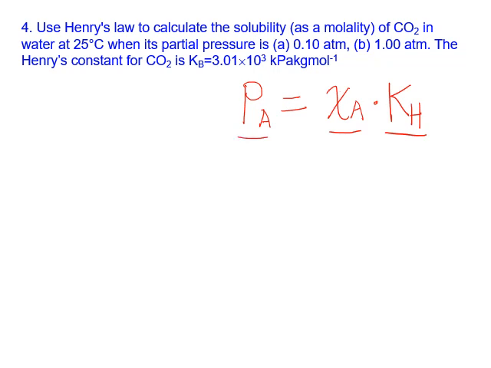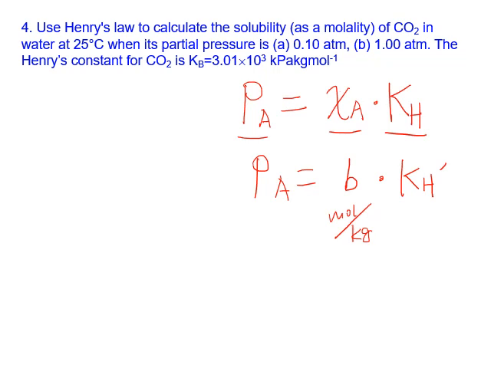Now there's another version of Henry's law, that is PA equals, instead of mole fraction, we can use molality. Both are concentrations, but molality is moles per kilogram of solvent, times also a Henry's constant. Of course, these are different Henry's constants. So how do you know which one to use?